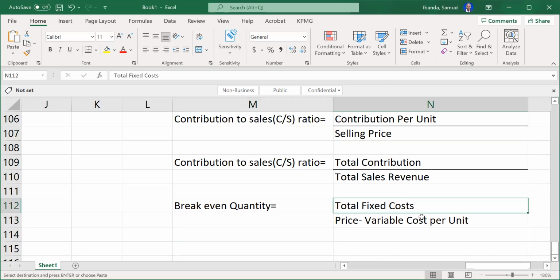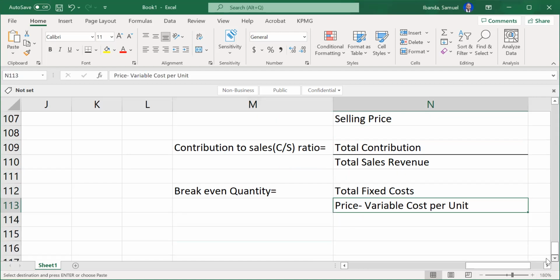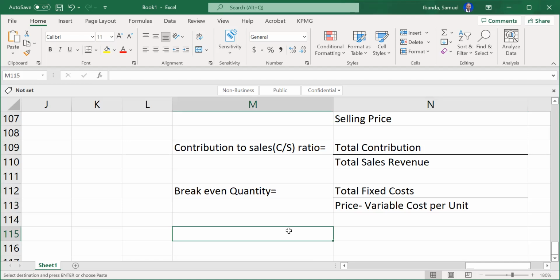So what is going to happen is we are going to multiply. I don't know if you remember something called reciprocal. Reciprocal means you divide 1 over the number.